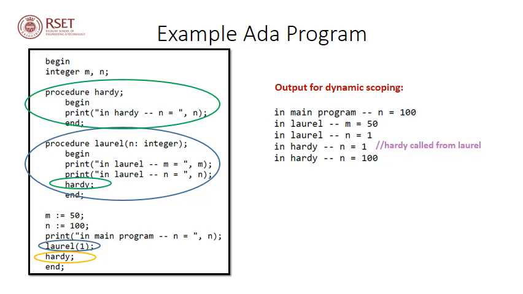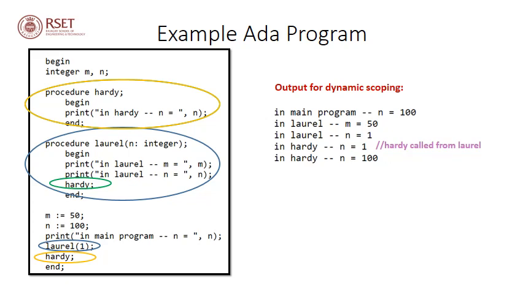Now we know that once the execution of a subroutine finishes, its activation record and all the information associated with it will be popped out of the stack. So now when Hardy is called from the main function, again it tries to execute the statement "in Hardy n is equal to". The compiler will check if n is defined in the procedure Hardy.